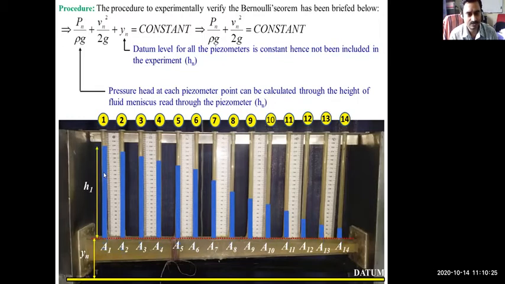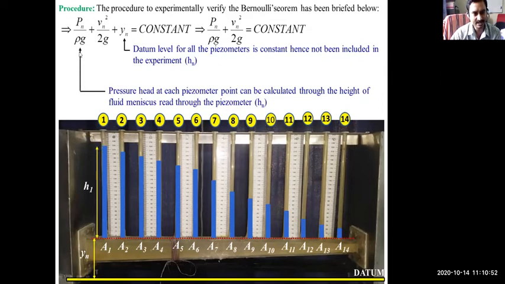Here I've shown this height for piezometer 1. The water level in piezometer 1 is H1. Similarly, it will be H2, H3, H4 up to H14. So this is varying. As the area of cross section is gradually reducing, you could see the pressure head is also gradually getting reduced. So this height indicates the pressure head directly.